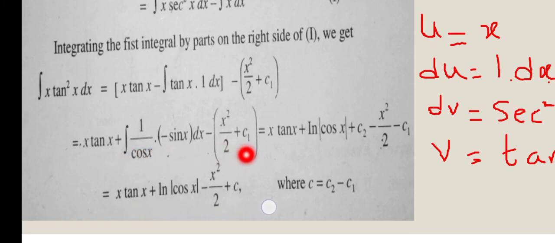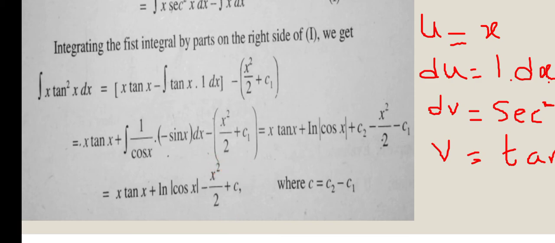Cos x. So ln of cos x plus c2. C2 is another constant of integration. And by simplifying, we have x tangent x plus ln of cos x minus x square by 2, and just write plus c2 minus c1 as c, any arbitrary integration constant. We can write c2 minus c1 as c.